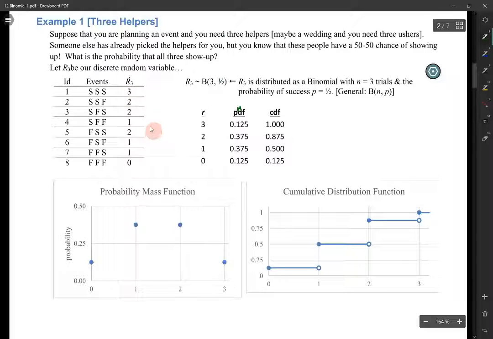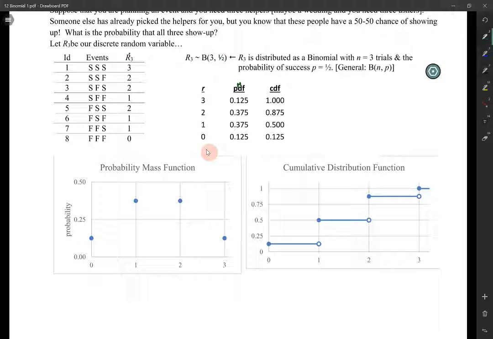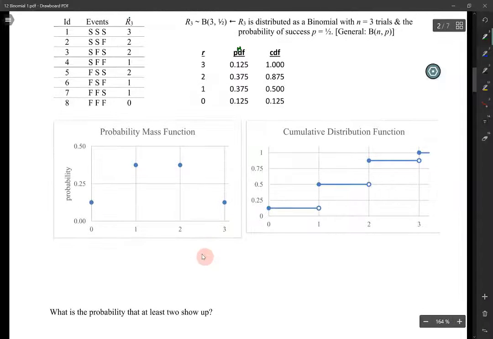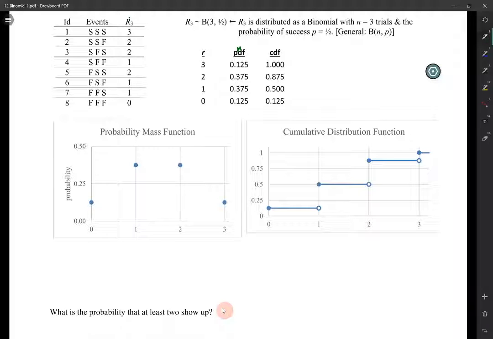What we want to do is use some of these mathematical tools, get some experience using them to construct answers, to find the solution to some more challenging problems. We've set up all of this framework. So how can we use this framework to ask, what is the probability that at least 2 show up? How can we cast this and take advantage of all of this stuff that we have?